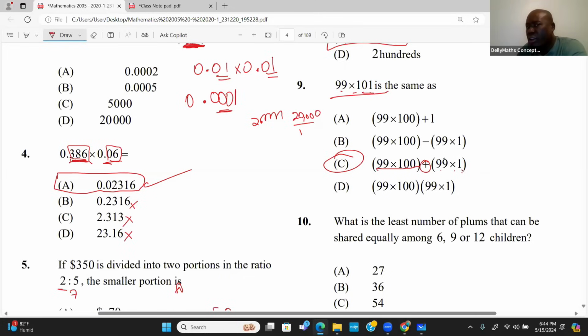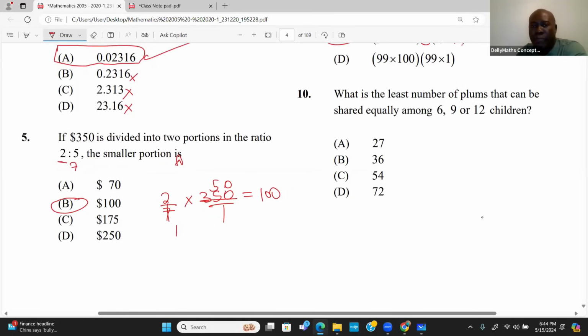So it becomes 101 times. So you could see how easy this is. We are not suggesting that you work out the value and then work out all of these values and compare. No. For multiple choice, what we want to do is apply simple reasoning and ideas to get the answers without going through the long rigmarole process.